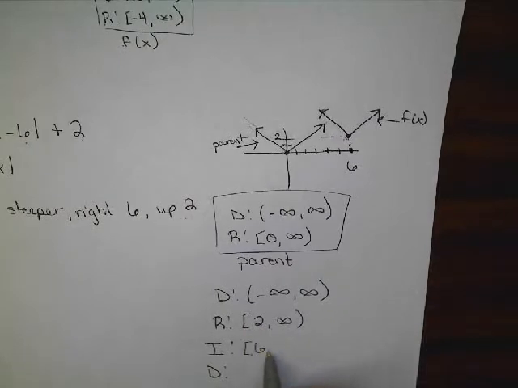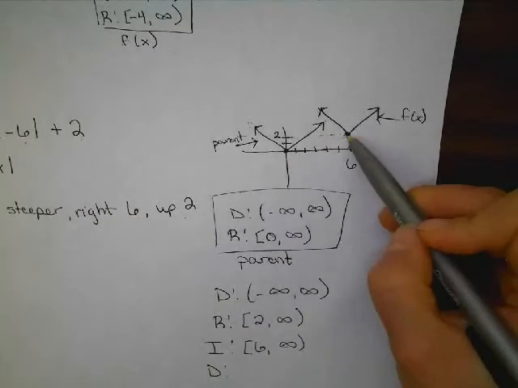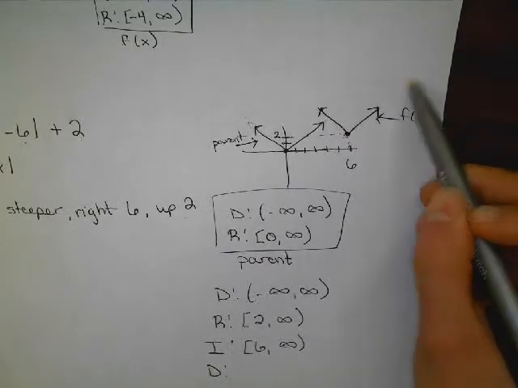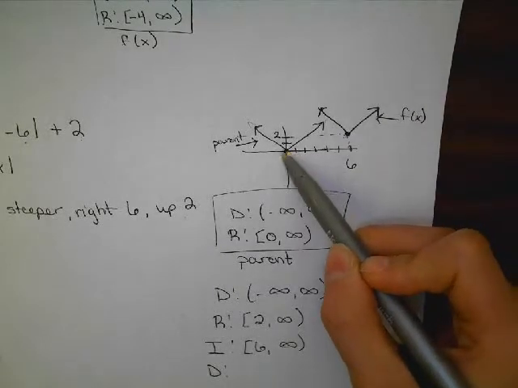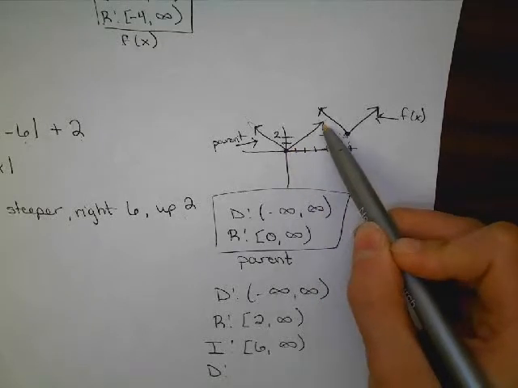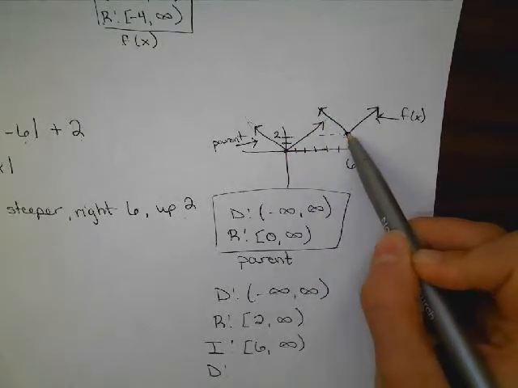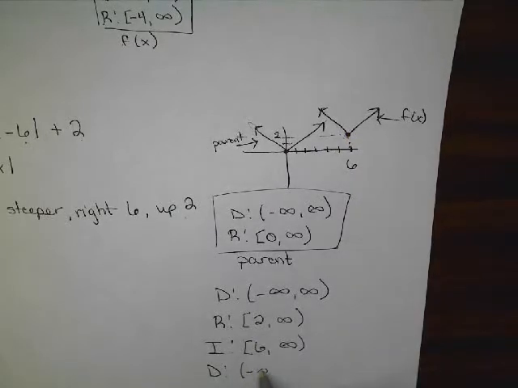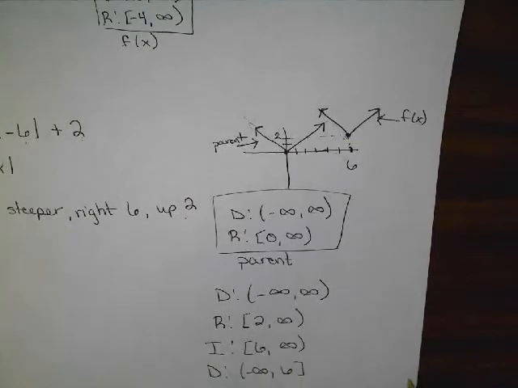So my increasing interval is from 6 to infinity because it never stops increasing in this direction. And you'll see if you compare that to the parent would start at 0 and go to infinity. But again, I moved over right 6, so now my increasing starts at 6. Well, that must mean that my decreasing is on the negative side, going to positive 6. And that's all for those two examples.